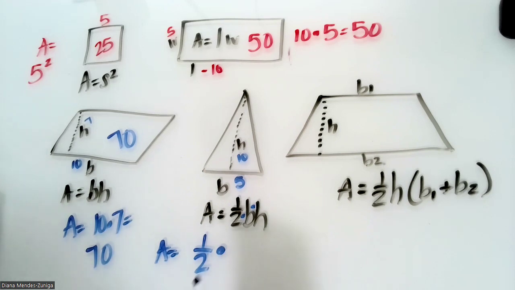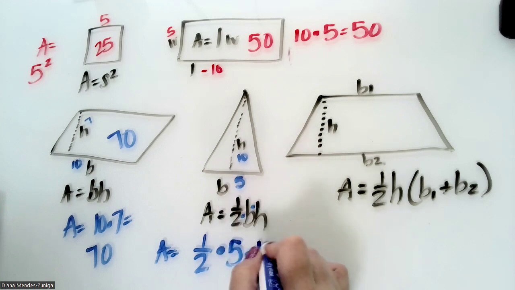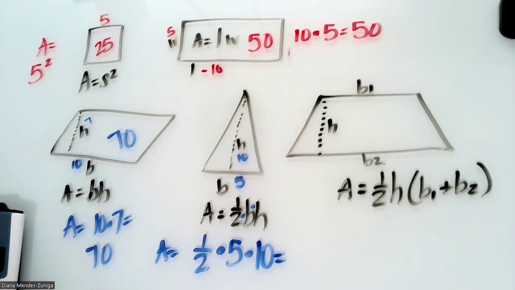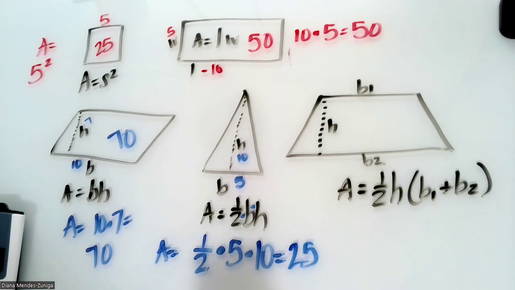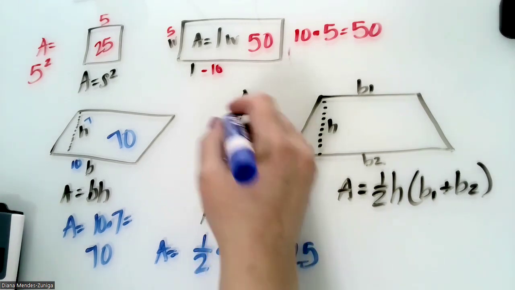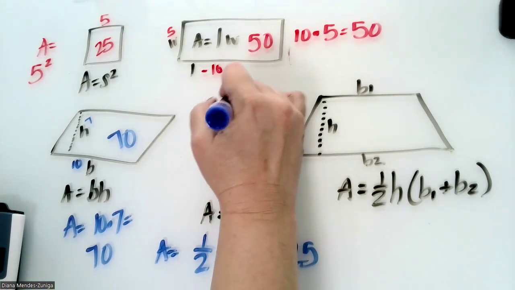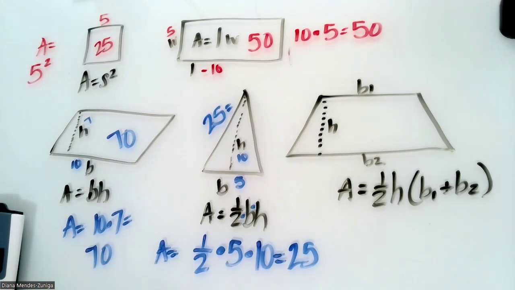So our base is going to be 5, and then we multiply it times 10, which is our height. If we put this into the calculator, 1/2 times 5 times 10, that's going to give us 25. So 25 would be the area of our triangle.